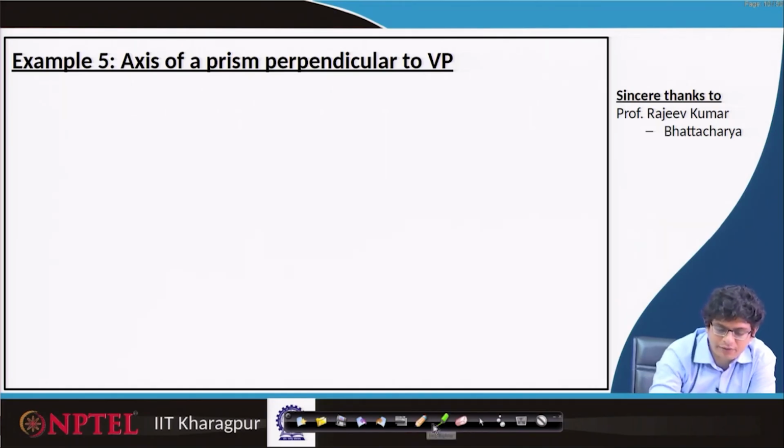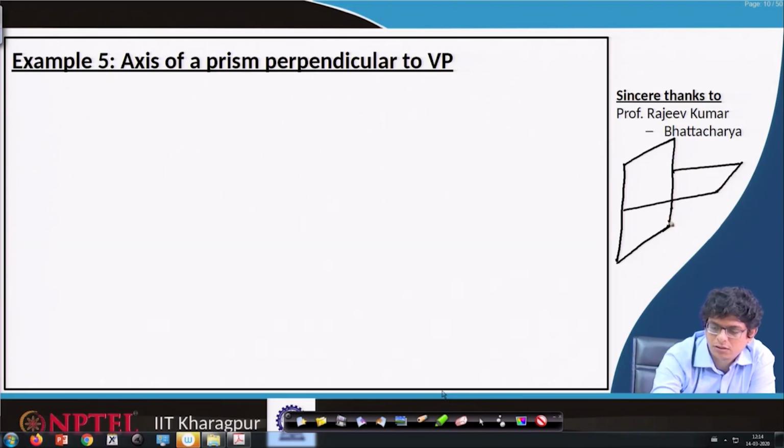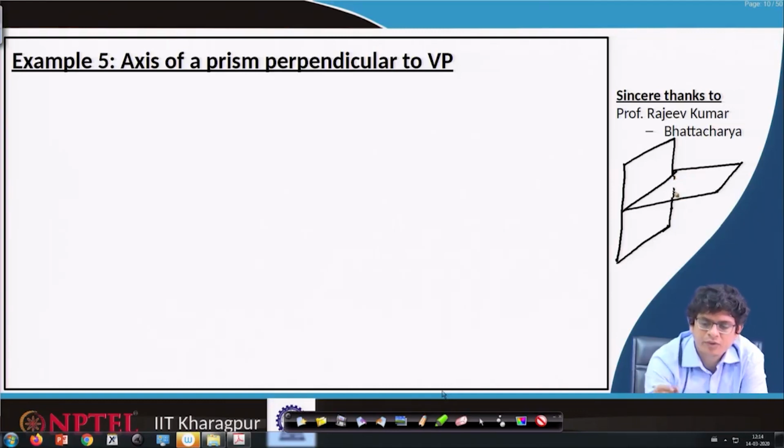For example, if we are picking something like a prism, maybe a box in that way.